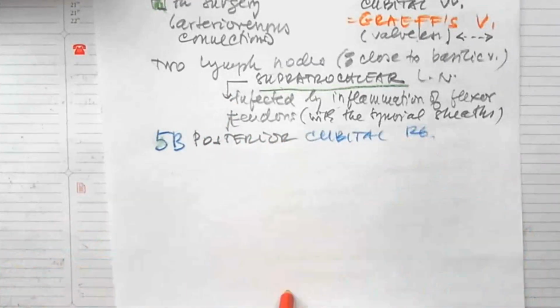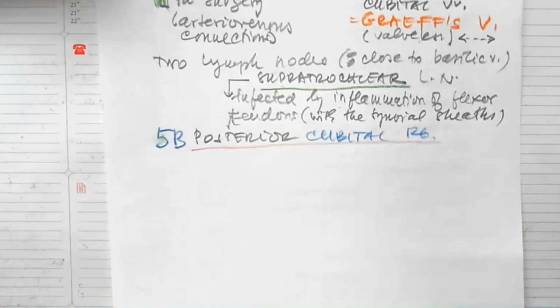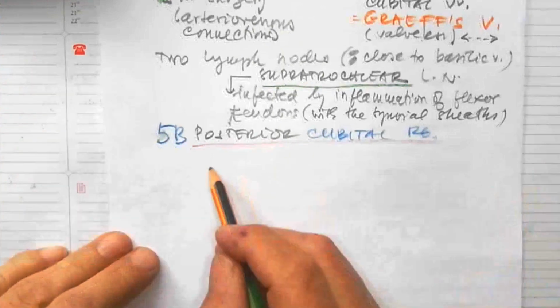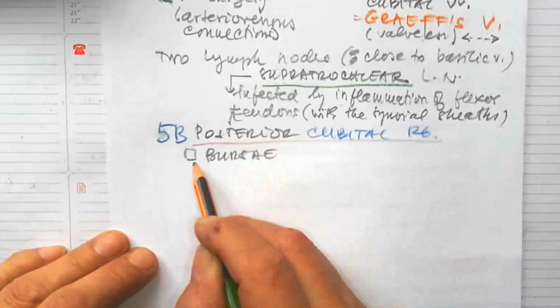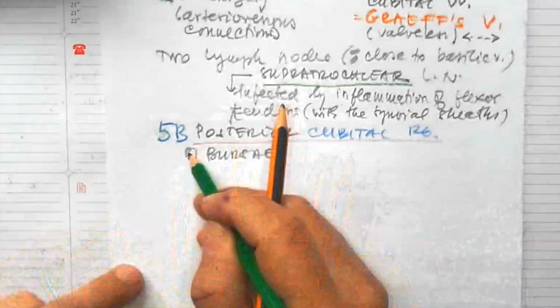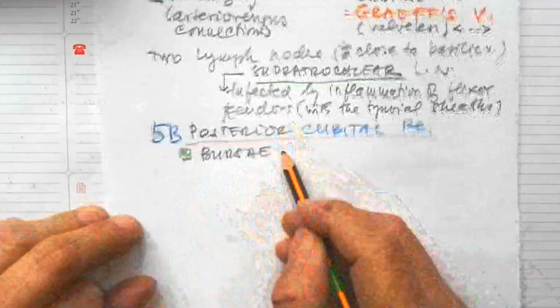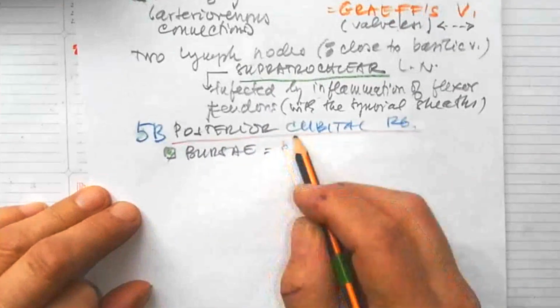And this posterior cubital region contains, in fact, the end of humerus and also olecranon of ulna. So important for us would be bursae, and there are more, but one is very important. This is bursa subcutanea.